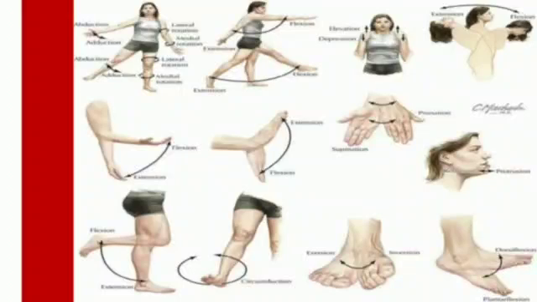Sometimes you do physical exercise. While doing physical exercise, how do you move your hands and legs? You do different types of exercise, no? So while doing different types of exercise, how do you move your hands and legs?